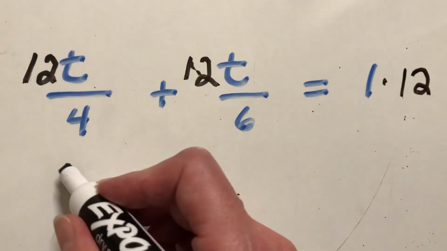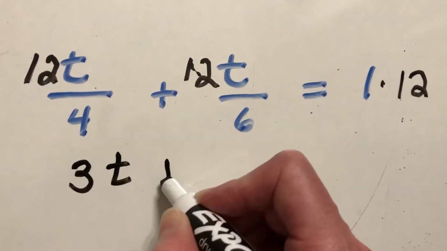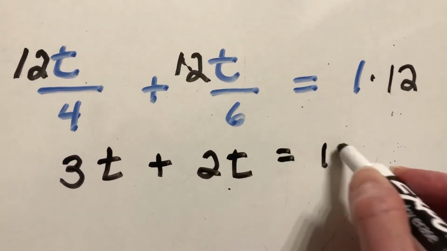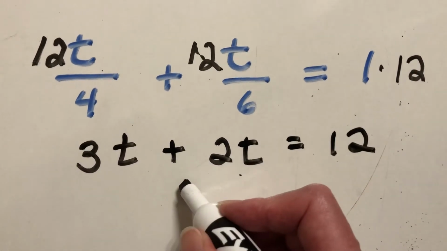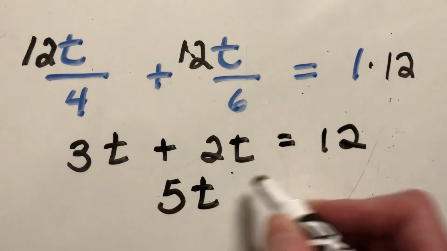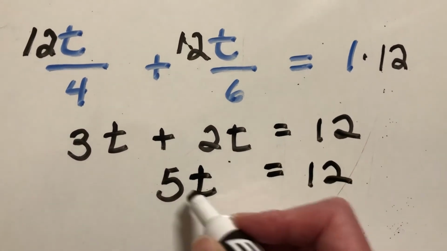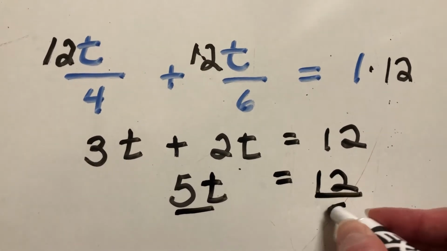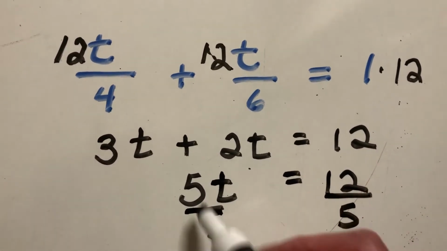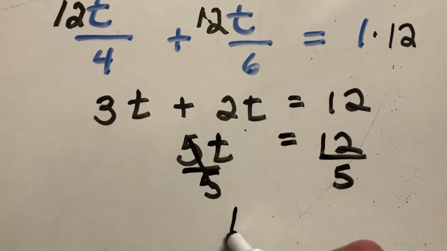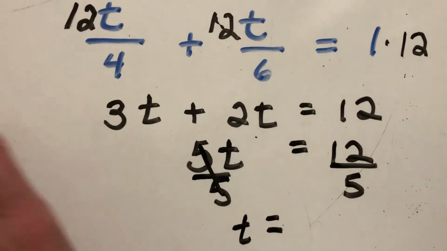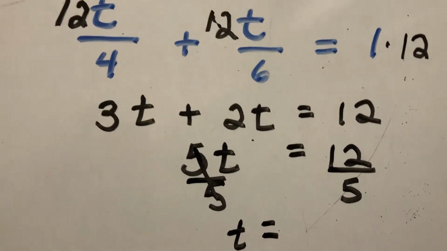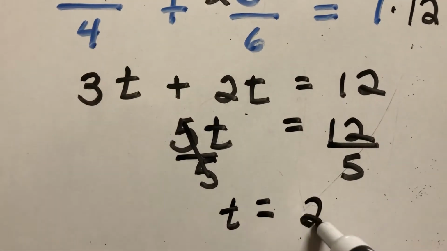So this becomes 3t plus 2t equals 12. 3t plus 2t is 5t. Divide by 5. And t equals 12 fifths, which is going to be 2 2/5 hours.